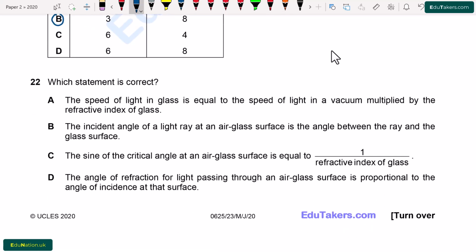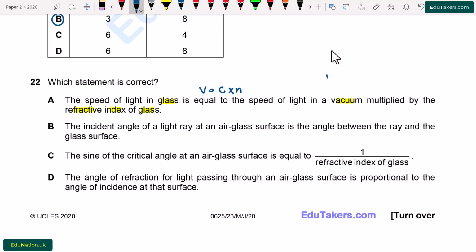Question number 22. Which statement is correct? Option A. The speed of light in glass is equal to the speed of light in a vacuum multiplied by the refractive index of the glass. So here it is given that v is equal to c multiplied by n.